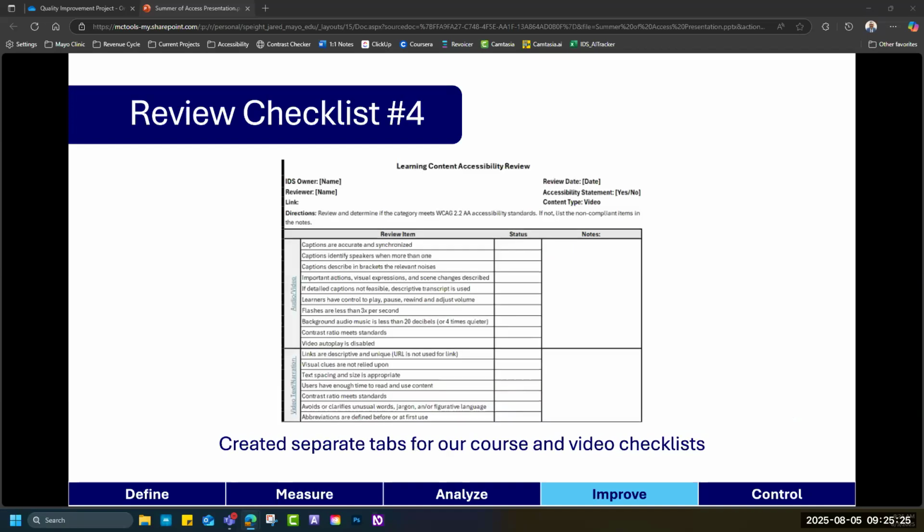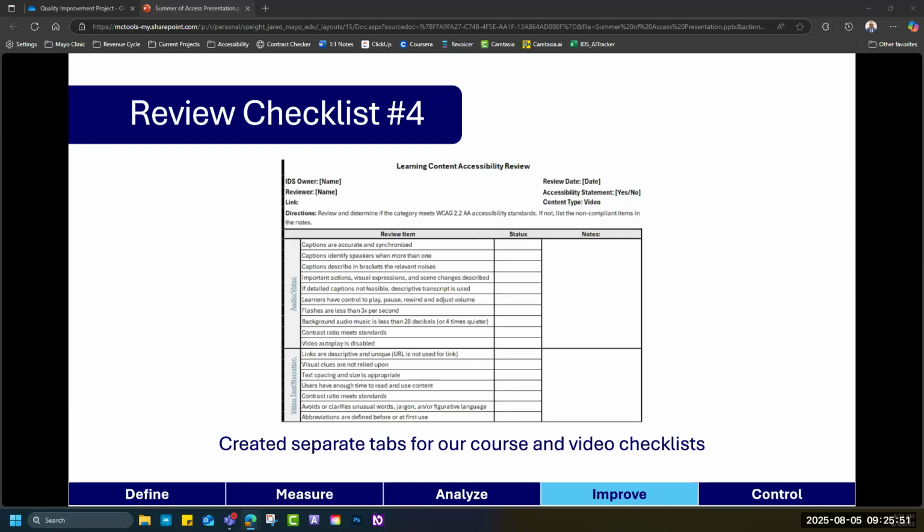And then our fourth revision. We decided that, okay, e-learning has quite a few more items, but a video is short. So instead of having to click through NA, we were able to make just a separate tab. And so we have one checklist for our videos and one checklist for our courses. And so I think that really helped us create this archive.